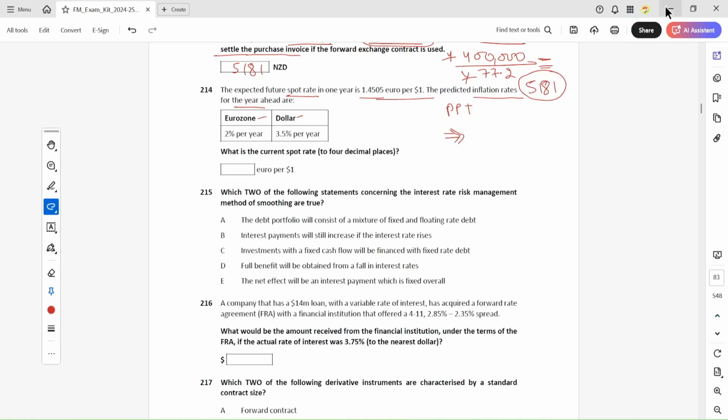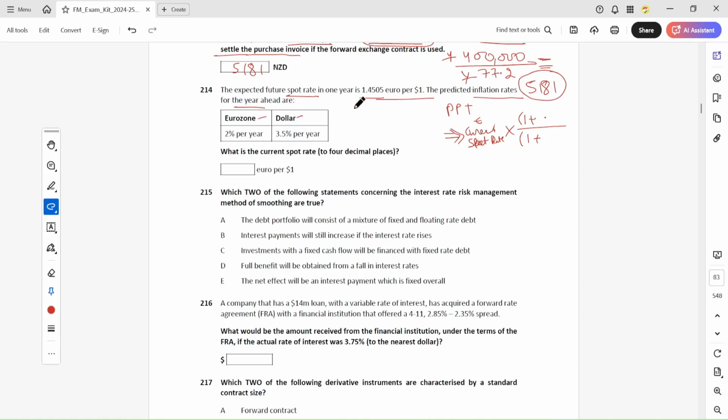Okay, let me write the formula. Current spot rate multiplied by 1 plus the euro currency inflation rate, if this is the euro, then this has to be the euro currency.